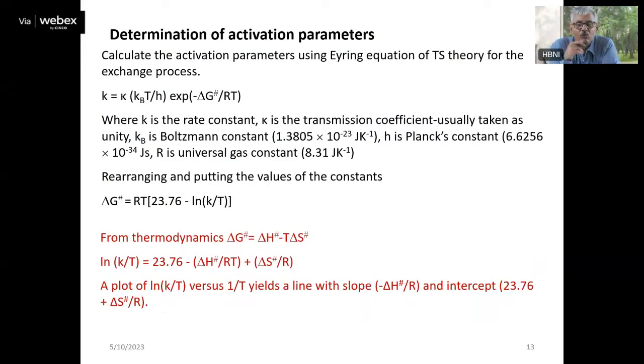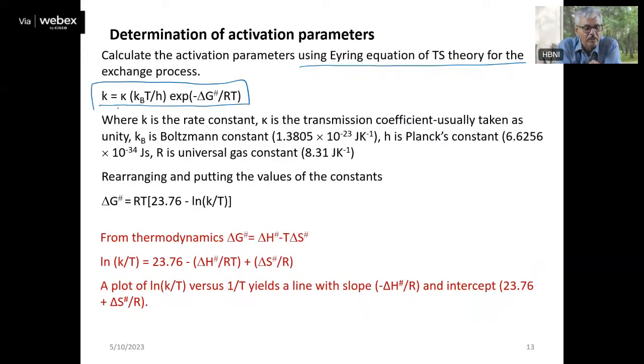Now, how do we utilize this information to find the activation parameters? As I told you, in the case of DMF, the activation energy is very high, about 20 kilocalories per mole. So how do we calculate those activation parameters? To find the activation parameters, you have to use the Eyring equation of transition state theory. All of you must have studied this in chemical kinetics. What is the Eyring equation?